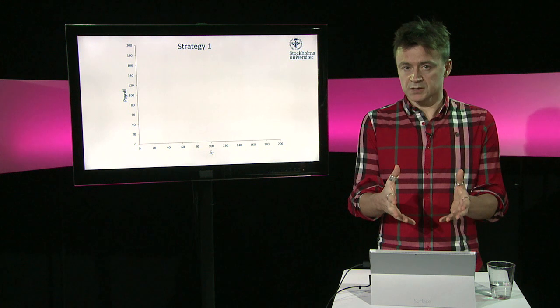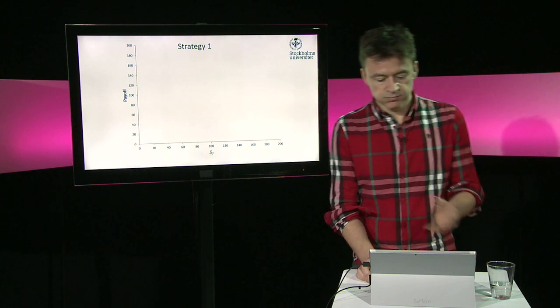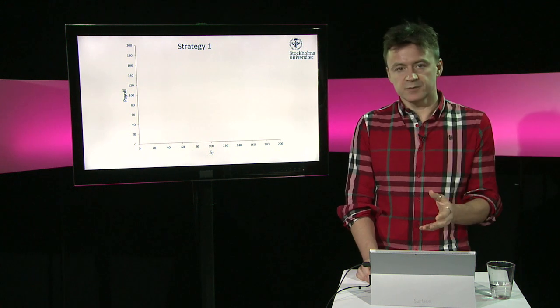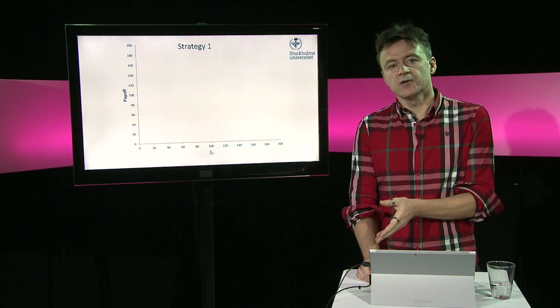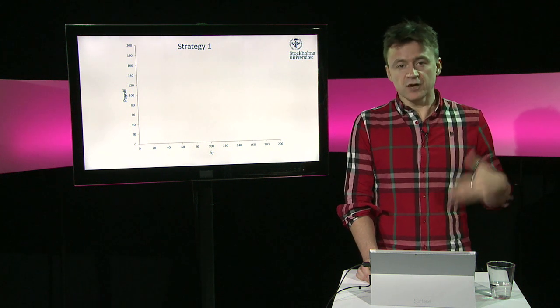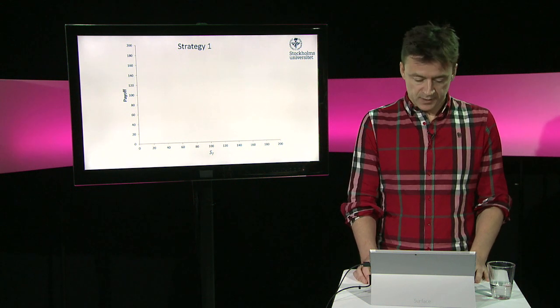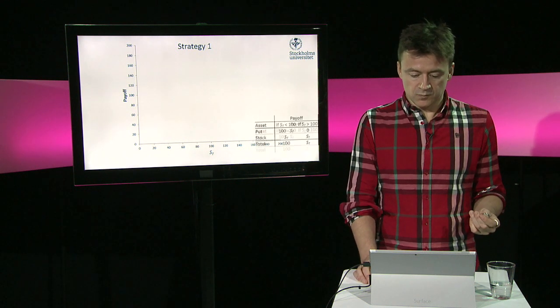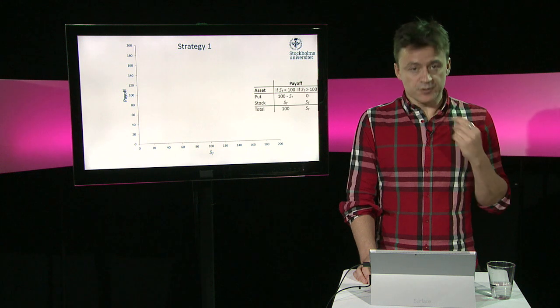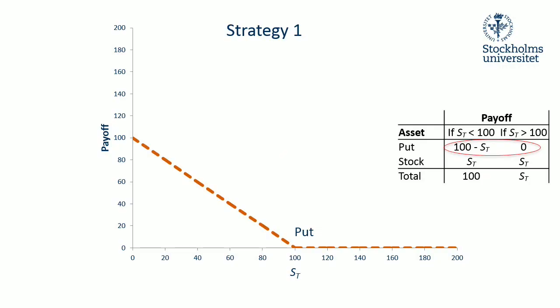We can just plot this in a graph. So if the price of the stock at maturity is in the horizontal axis and the corresponding payoff is plotted in the vertical axis as we have been doing so far, then we know that the payoff of the put will look like that.